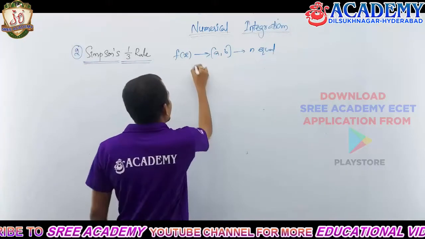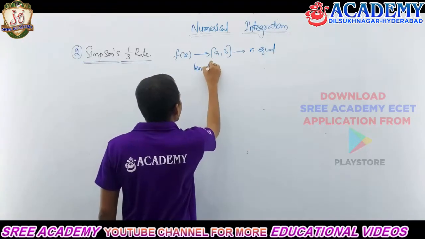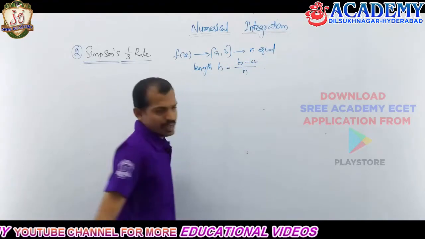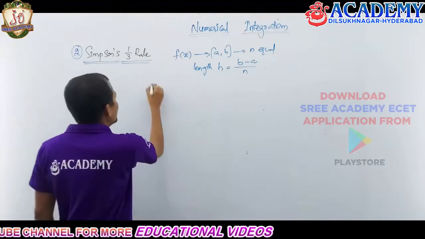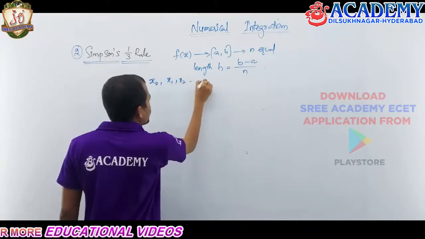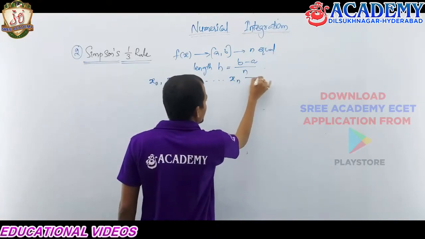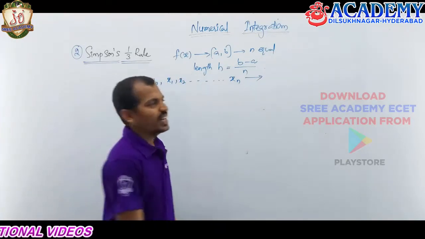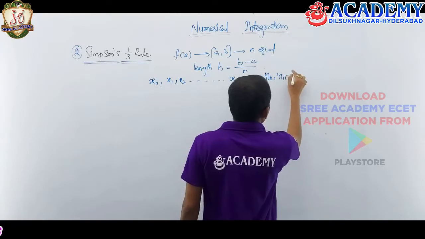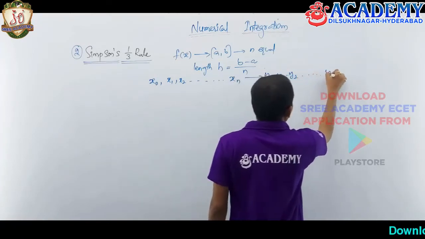Based upon that we once again get the length h, which is b minus a divided by n only. From here also you will get x0, x1, x2 and so on up to xn. By using all these values you will get y0, y1, y2 and so on up to yn.